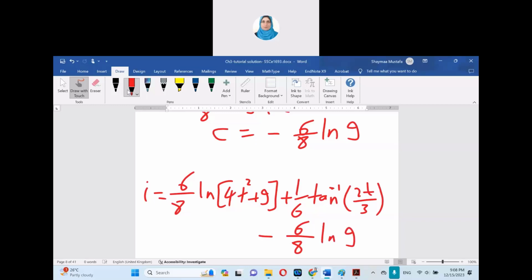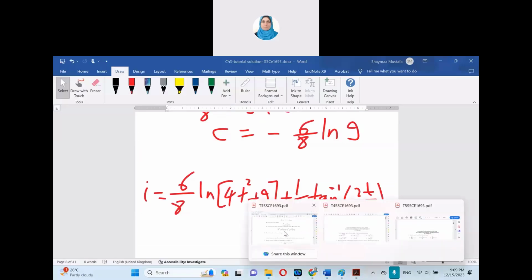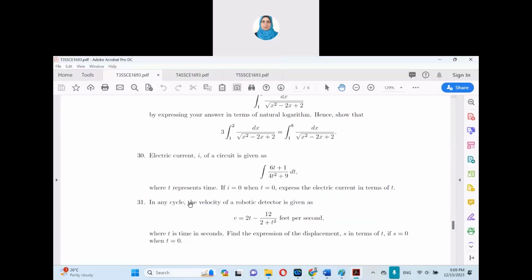This is the value of I, the current, when t equals 0. This is question 30. Okay, now question 31.